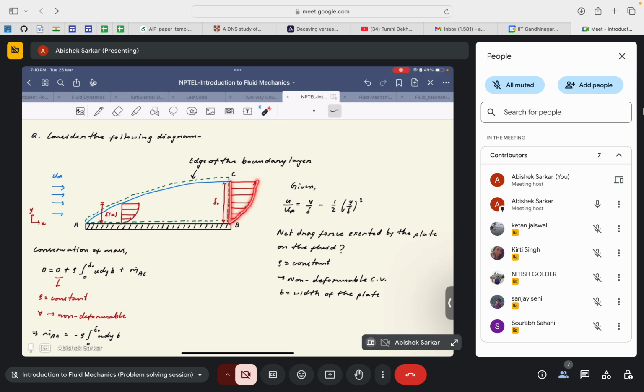The form of this shape is given by u by u infinity, the velocity profile, is equal to y by delta minus 1 by 2 times y by delta whole square, where delta is the boundary layer thickness. The incoming velocity is given by u infinity, which is the free stream velocity that is constant. That's why the velocity profile is constant in this particular case.